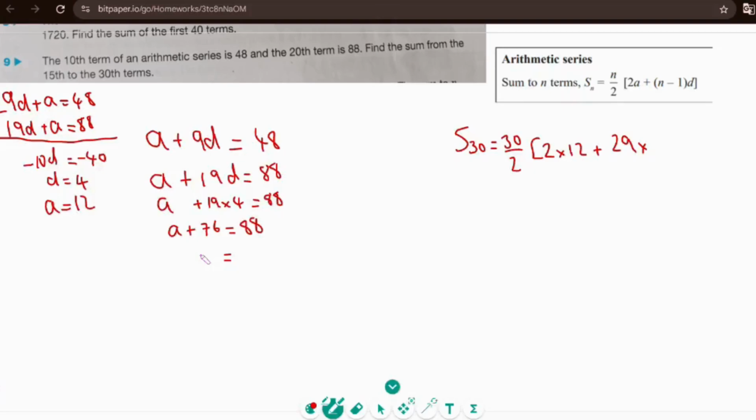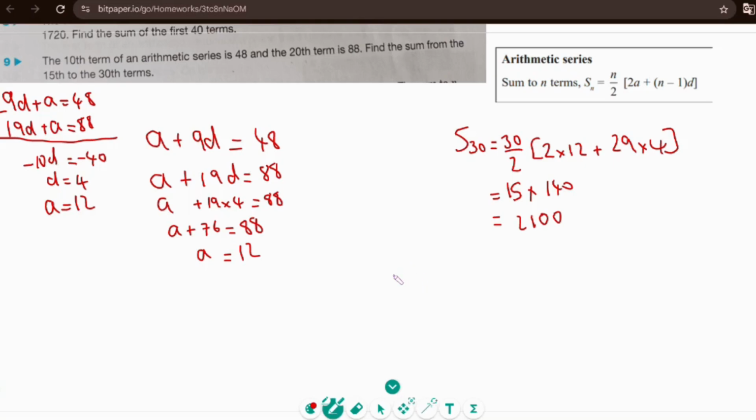Just didn't write it here. D is 4. Now I need the sum of the first 14 terms.